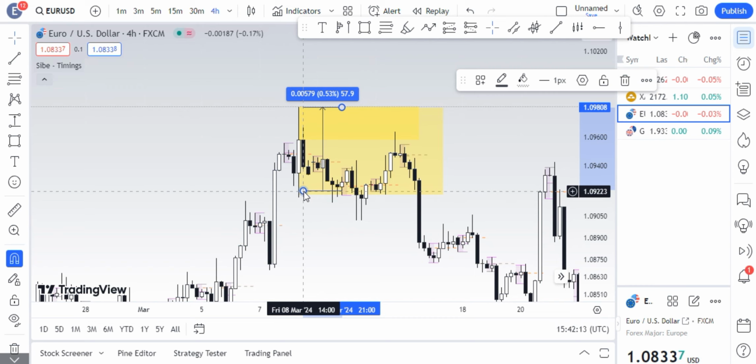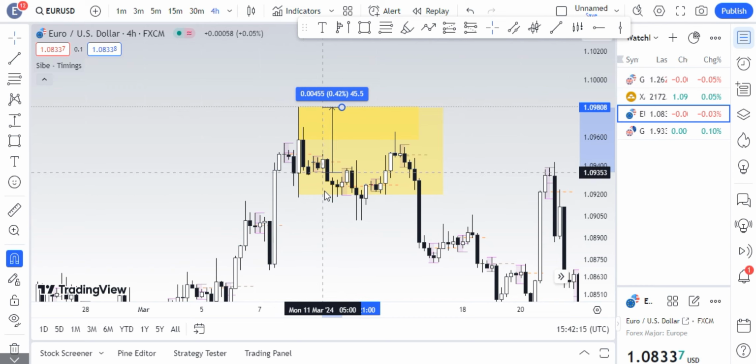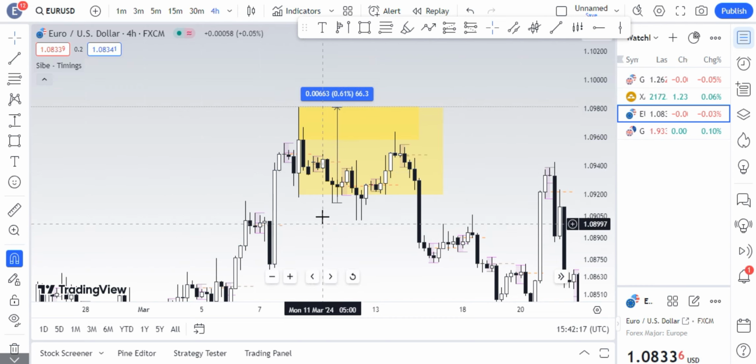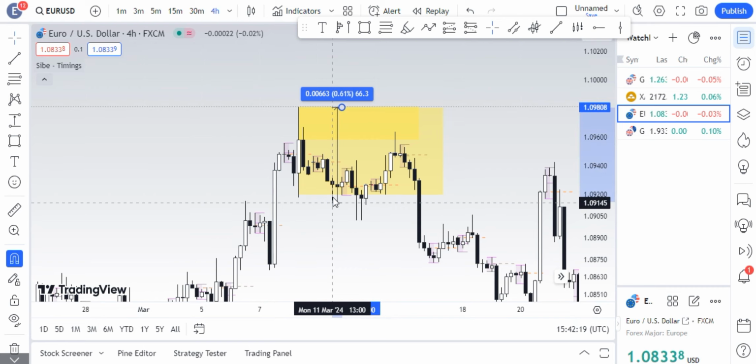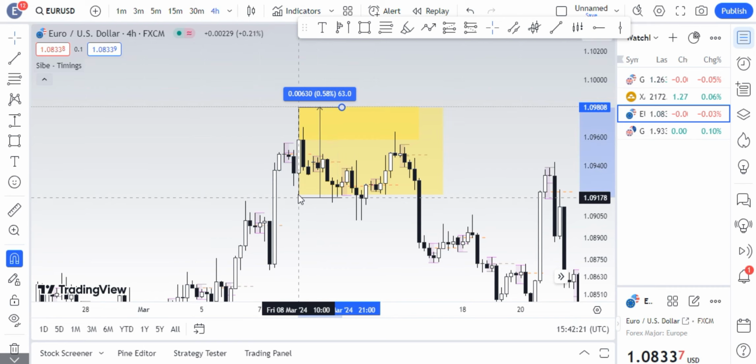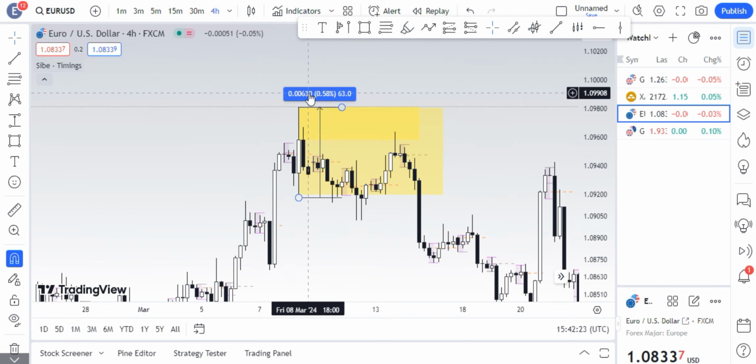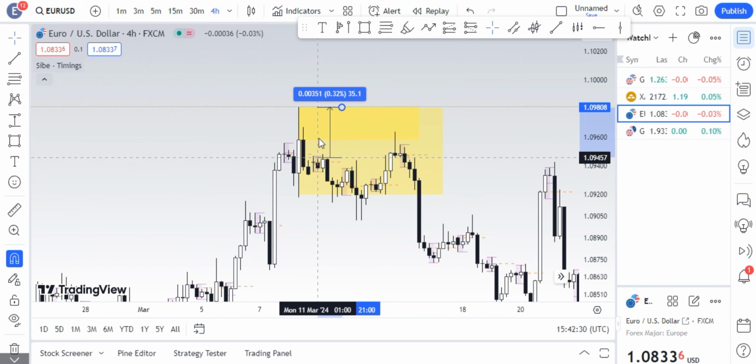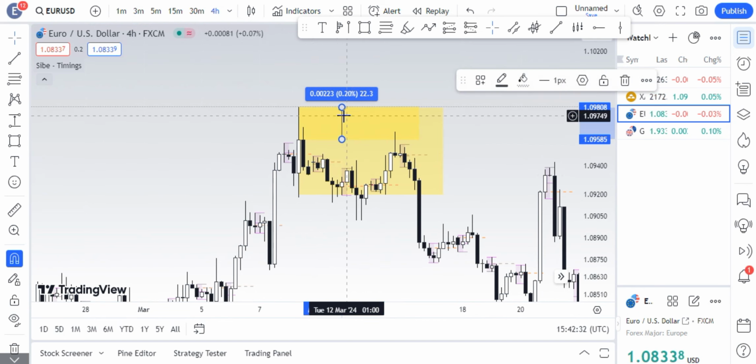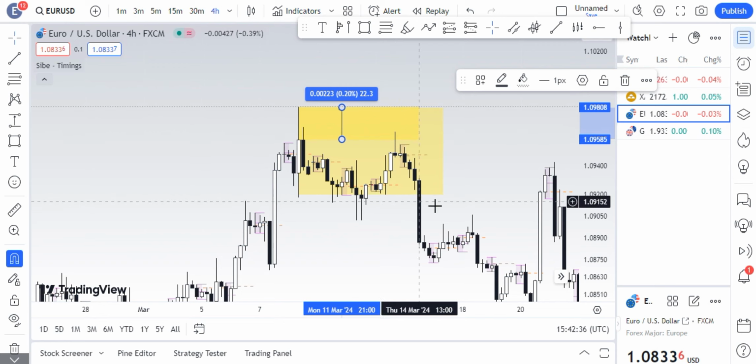This is literally like a 60 pip range of price you get. So why would you put yourself in this position of literally 63 pips instead of managing this little range of 22 pips, where you can actually decide that, okay, if price comes here, I might place a sell order.